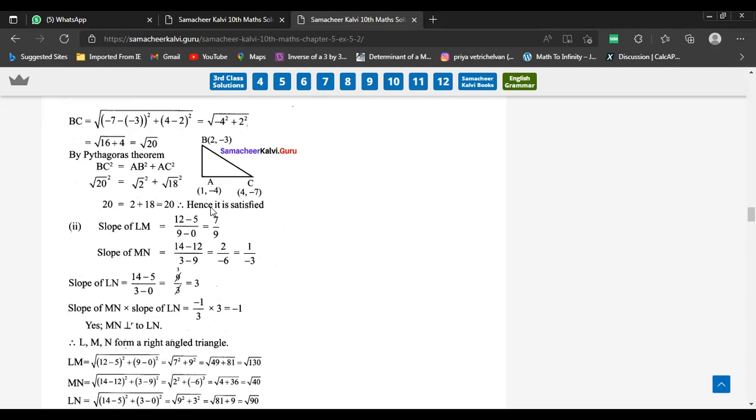What is the formula you have used for slope? Slope I used x2 minus x1 by y2... so y2 minus y1 upon x2 minus x1. Oh, I mixed that up. Okay. Change it. It's wrong.